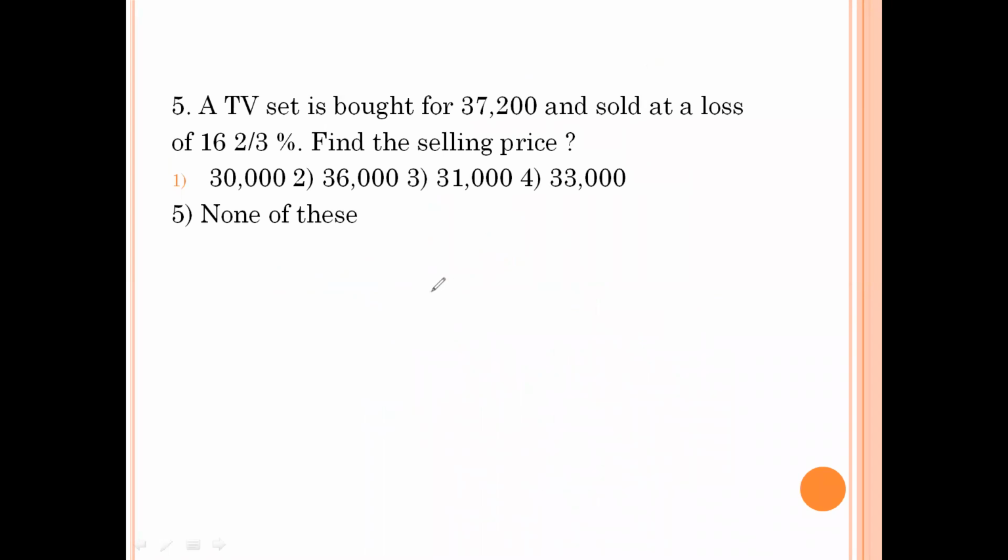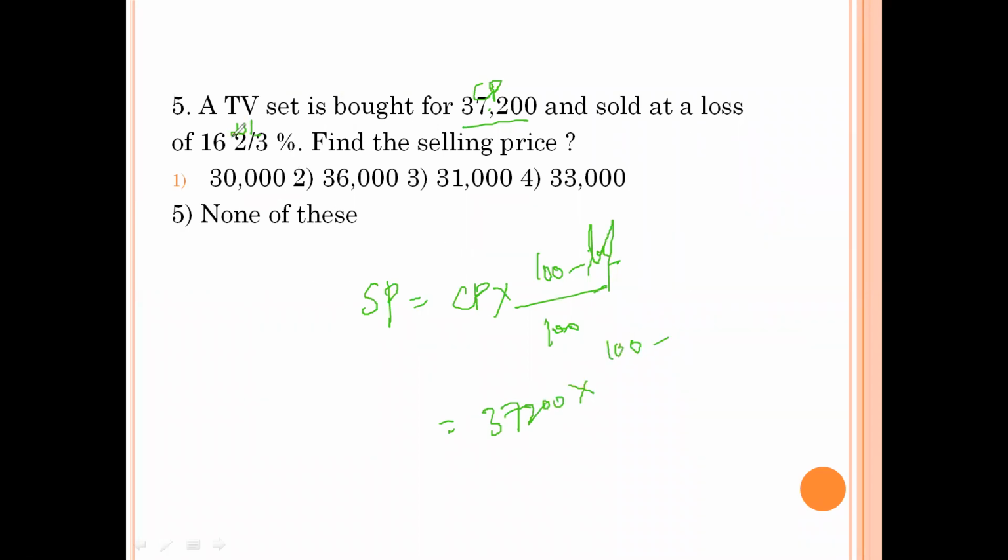A TV set is bought for 37,200 and sold at a loss of 16 2 by 3%. Find the selling price. Here the bought price is given, that is 37,200. Sold at a loss, the loss percentage is given as 16 2 by 3%. Selling price equals cost price into 100 minus loss percentage divided by 100. So 37,200 into 100 minus 16 2 by 3, which is 250 by 3, by 100.